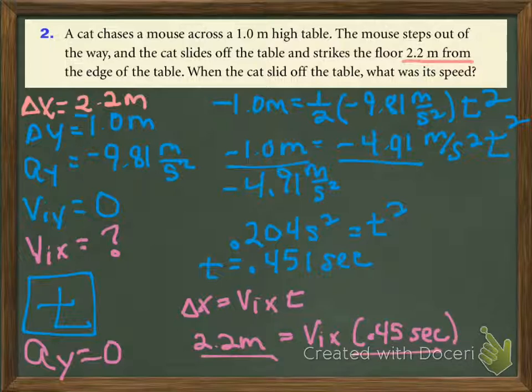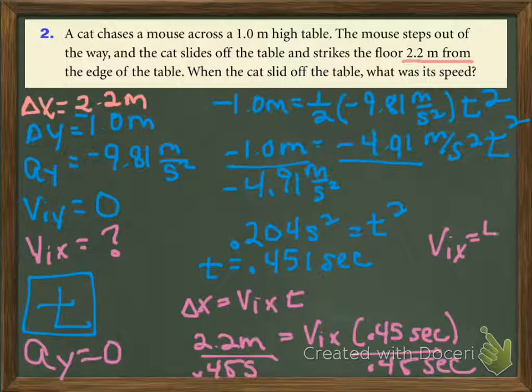Divide both sides by 0.45 seconds, and we end up with 2.2 divided by 0.45. And we get our initial velocity in the x direction is 4.9 meters per second.